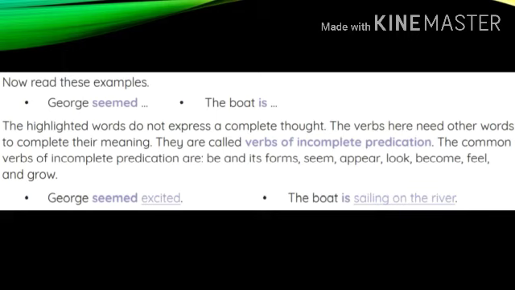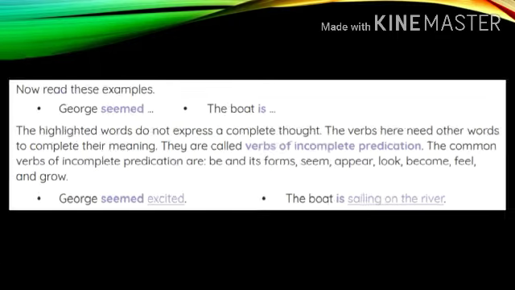Then George seemed excited, the boat is sailing over the river. So now they express complete meaning, isn't it?